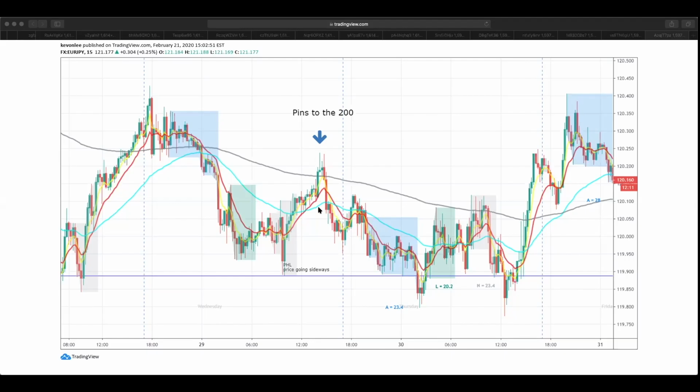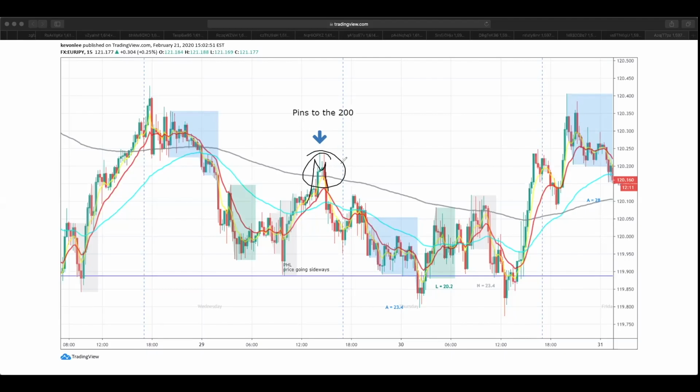Oh, okay. So essentially, is this tradable? Is this, where's the timing on this? Oh, there's no timing here. There's no timing, right? So it's not in a box at all. So yes, it's pinning to the 200, but you can't trade it because it's not in the box, right?